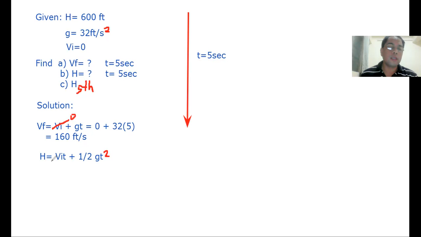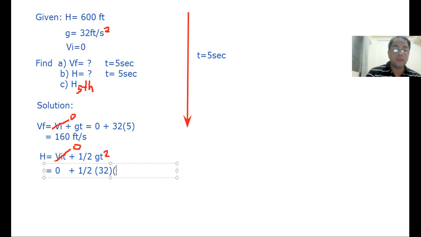So if we find our H, it will be 0 plus 1/2 of G, which is 32, times 5 squared.